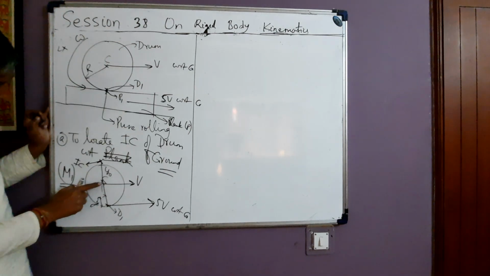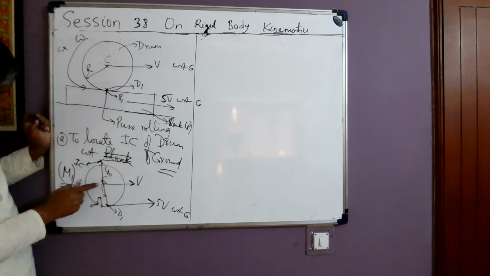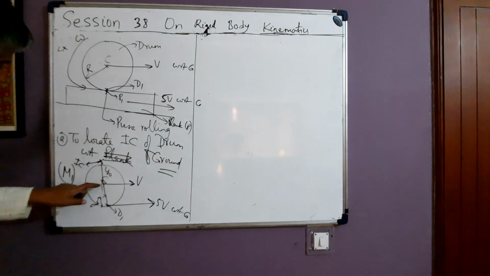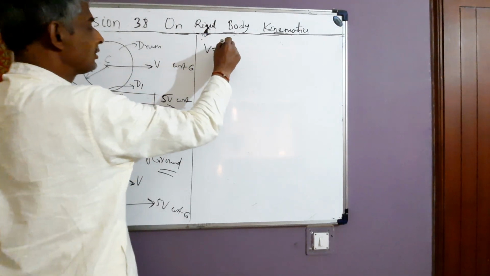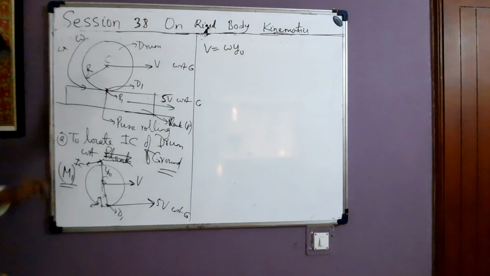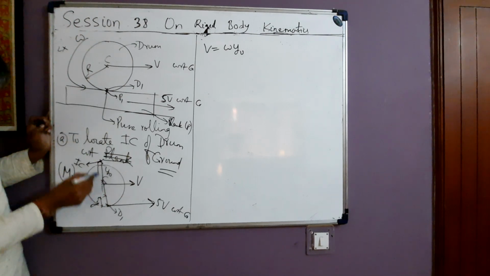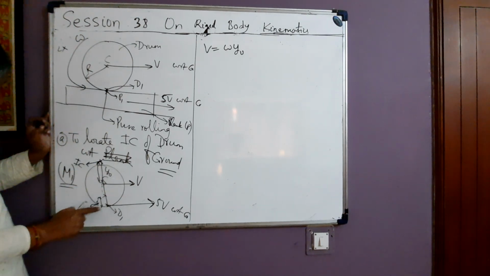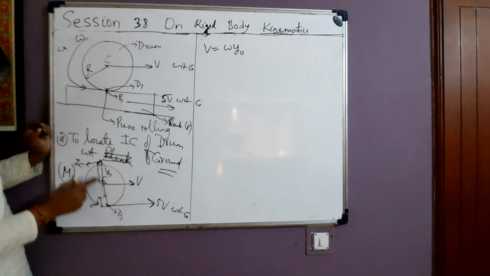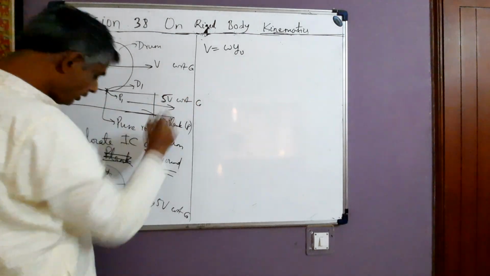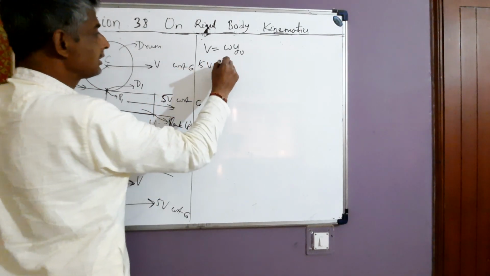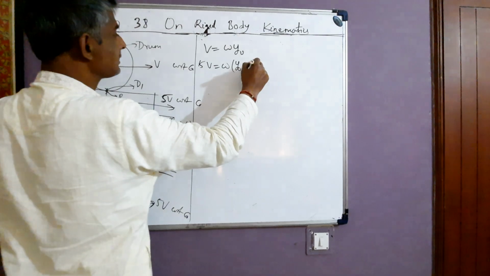So now see, center is at a distance of y0 from IC. Velocity of C will be V, that is equal to omega y0. And D1 is at a distance of R plus y0. Y0 is this distance and this is R. So D1 is at a distance of R plus y0 from IC. The velocity of D1 is equal to 5V, that is omega into (y0 plus R).